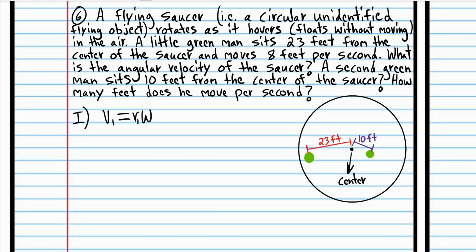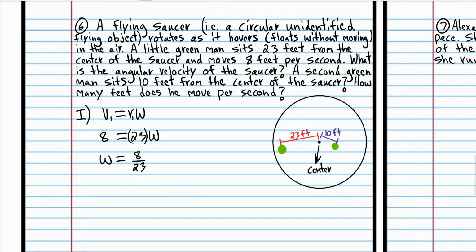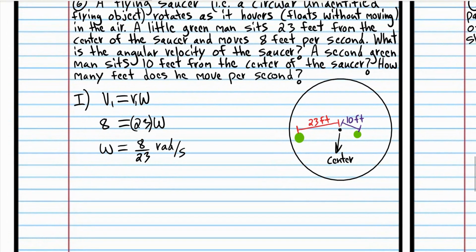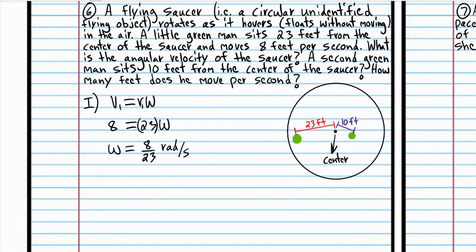He's going 8 feet per second. And again, he's 23 feet from the center. So the angular velocity of that flying saucer is 8 over 23, and we have to write units. That's going to be radians per second. It's always radians per second if no units are really given in terms of angle.